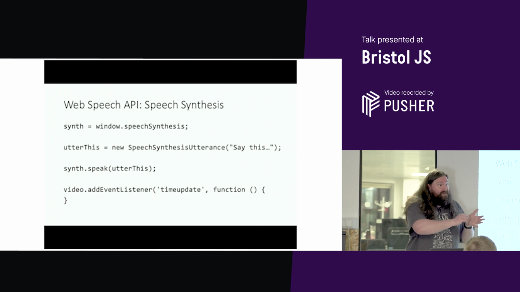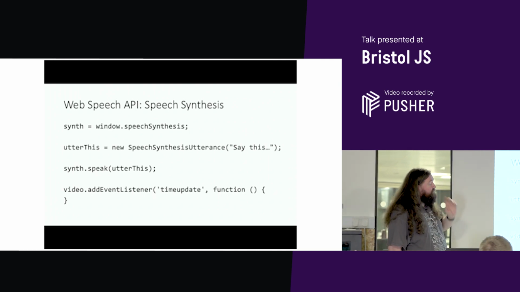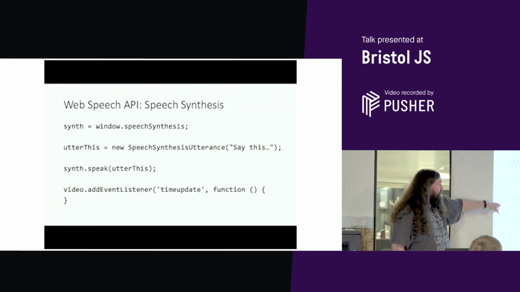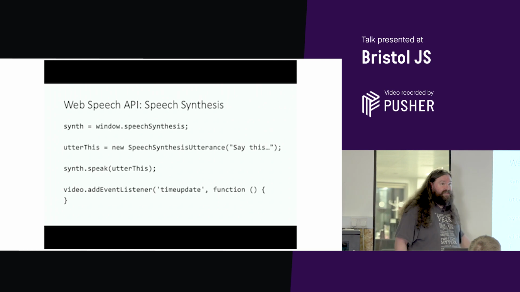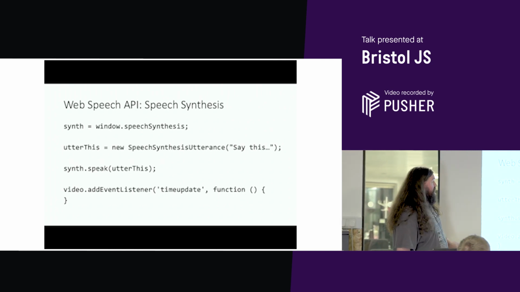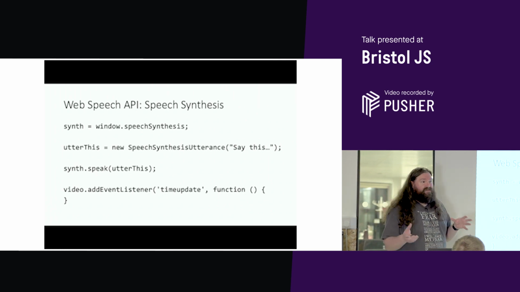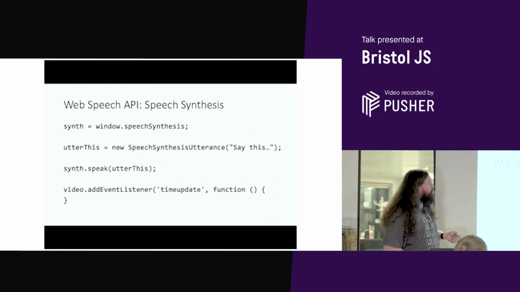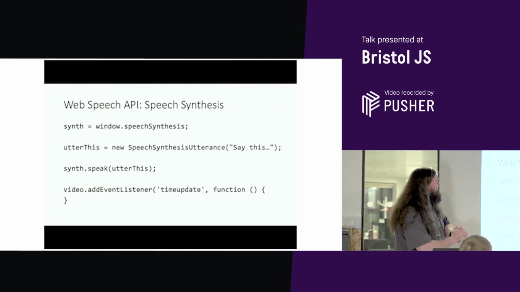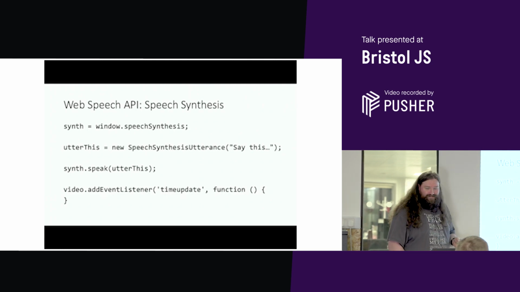So effectively in this event listener, I'm setting up all this stuff and speaking it out. Fairly straightforward. Again, I wrote more code to figure out the video bit than I did to do the speech bit. So have a think about whether you can think of anything where that might be useful. Give it a try.